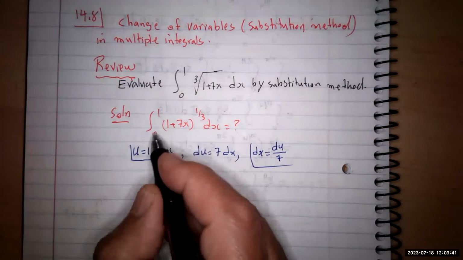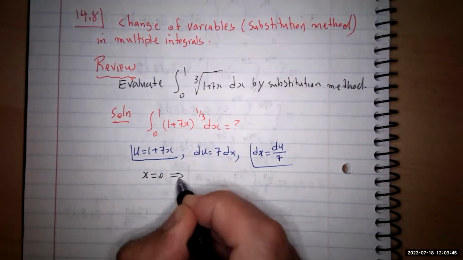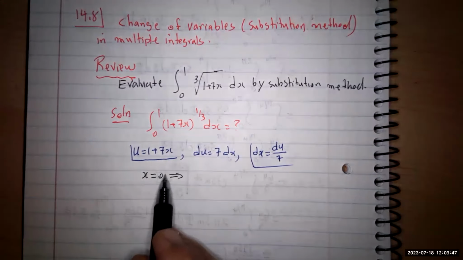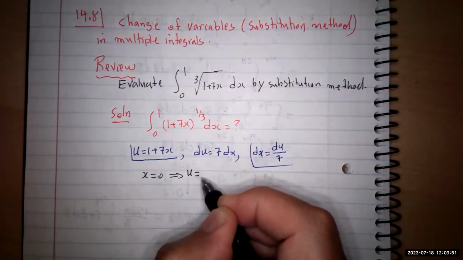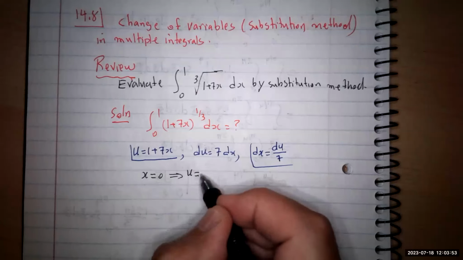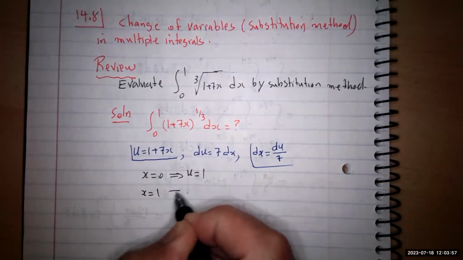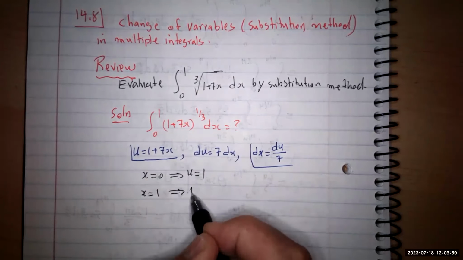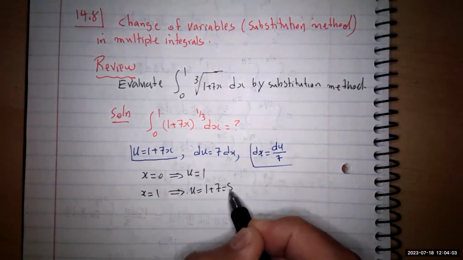You have to get these numbers. When x is equal to 0, u would be 1. And when x is equal to 1, u would be 1 plus 7, which is equal to 8.